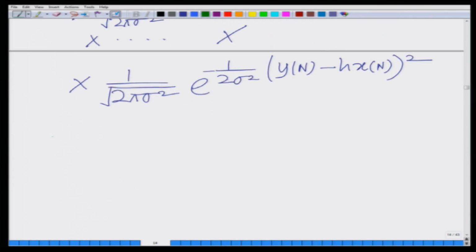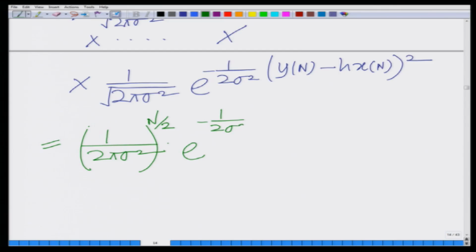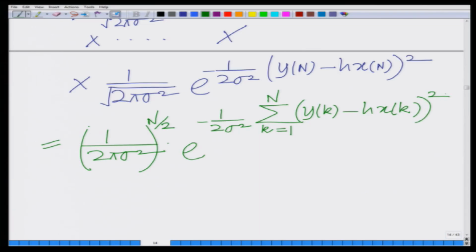which is basically equal to, now combining all the terms or multiplying out the terms, we have 1 over 2 pi sigma squared to the power of n over 2, e raised to minus 1 over 2 sigma squared, summation, all the terms in the exponents will add up, k equals 1 to n, yk minus h xk whole squared.